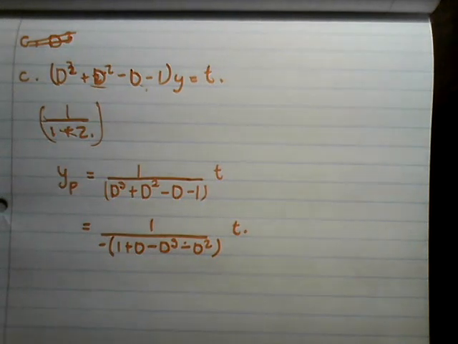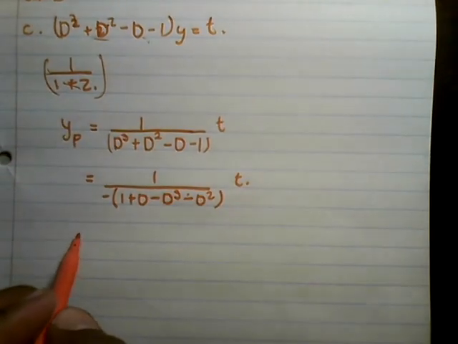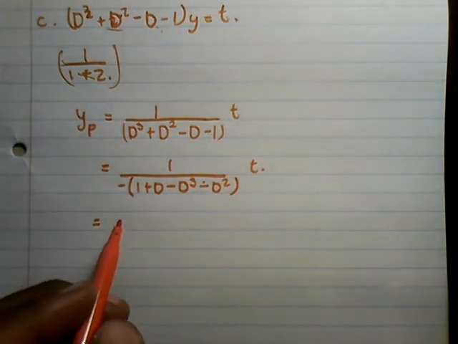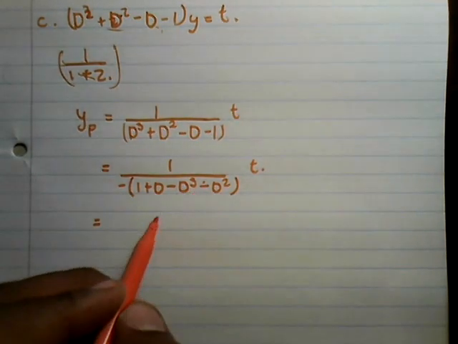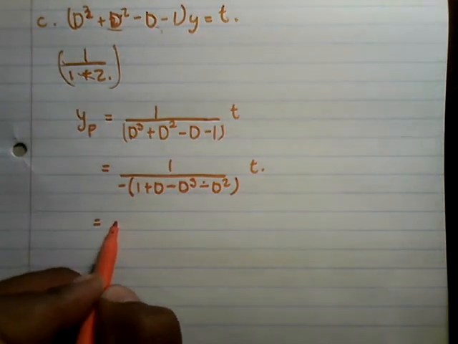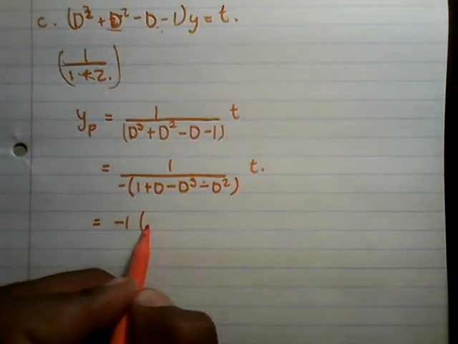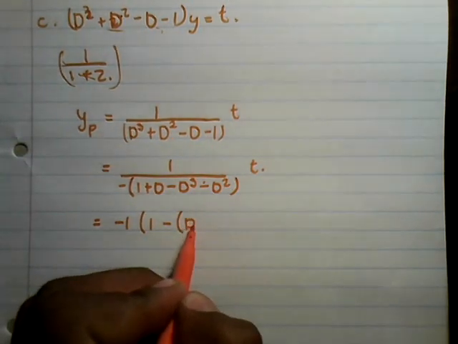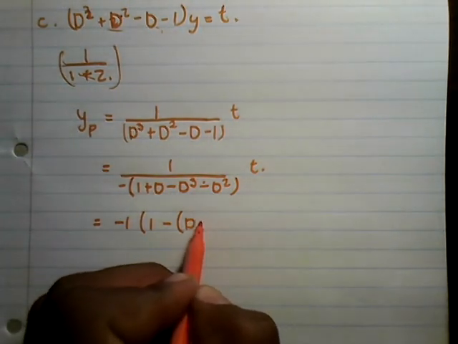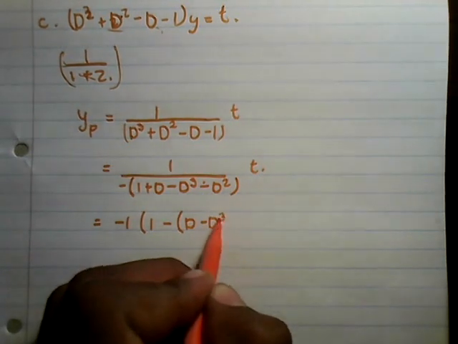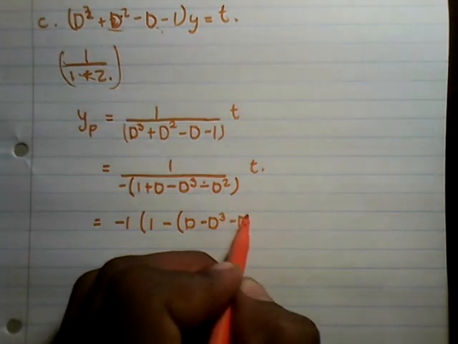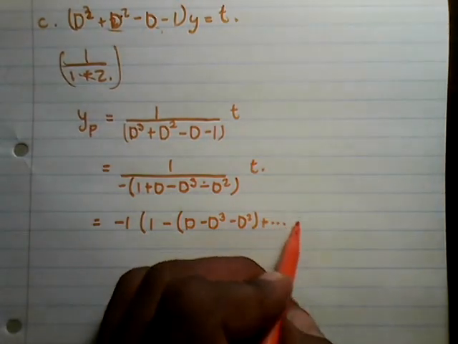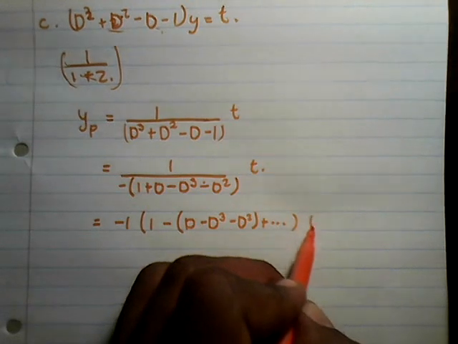And then this is equal to minus 1 multiplied by 1 minus D minus D cubed minus D squared plus whatever follows, and this is multiplied by t.